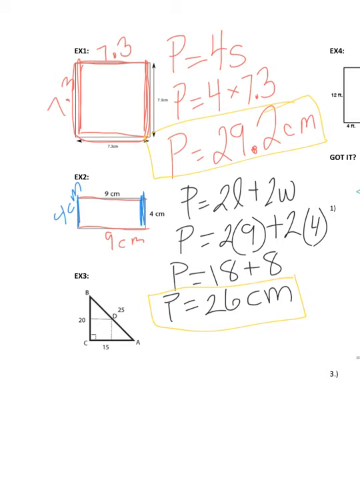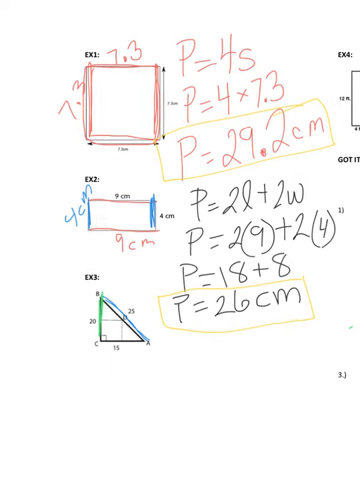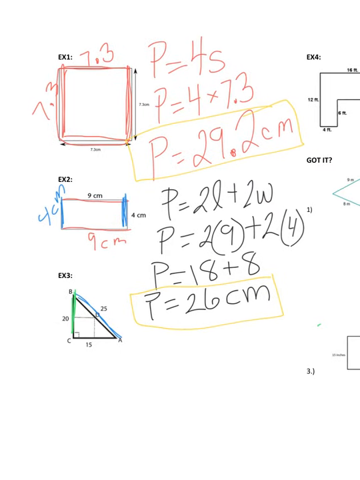So in this case, when I think of the distance, I think of just what's going on outside. So from B to C, it's 20 in length. From B to A, it's 25. And then from C to A, it is going to be 15. So those 3 values are the important values here with our triangle.